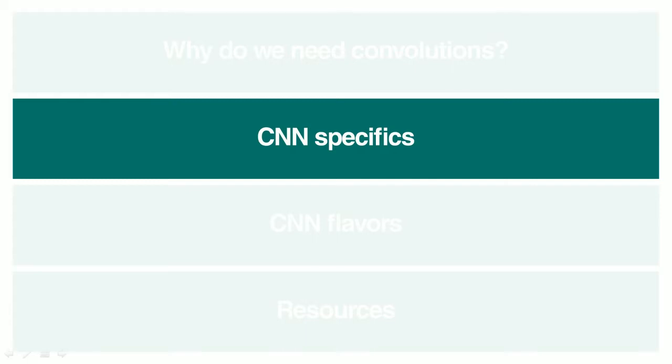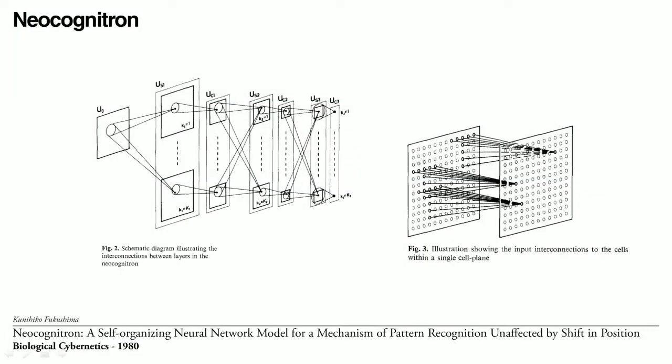And so now that we understand how convolutions work, let's dive a little bit deeper. Let's look at the history of convolutional networks and how they've come to be how we know them today. Probably one of the first appearances of something like a convolutional network was in the 80s by Fukushima, and his neocognitron was probably the first iteration of a CNN, where this idea of weight sharing was introduced.